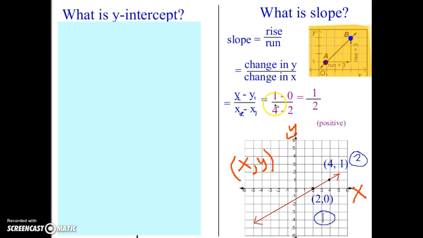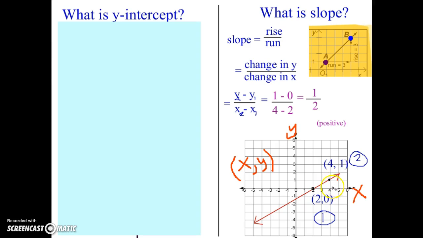So in this case, remember, always write this down, x comma y. In fact, you can write here, x comma y. So y2 minus y1 is 1 minus 0. So 1 minus 0 is this up and down thing here, right? That's the change in y.